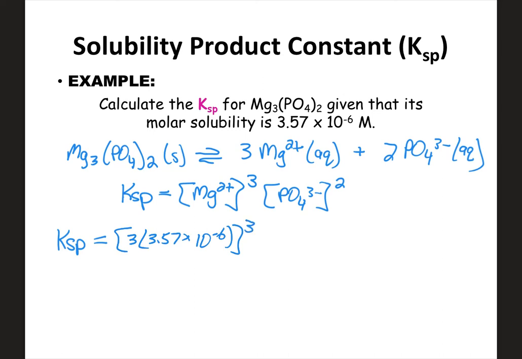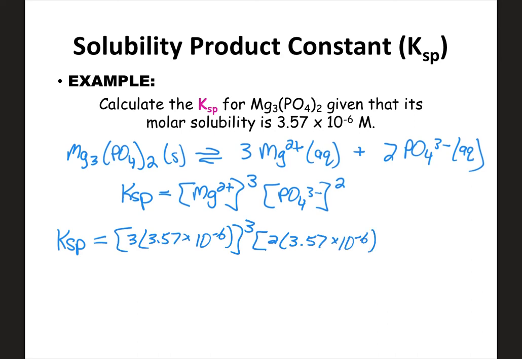Just because you're multiplying the solubility by 3, you still have to cube it because that's part of your KSP expression. Times the concentration of your PO4 3-, which we said has got to be 2 times the concentration of your original compound.